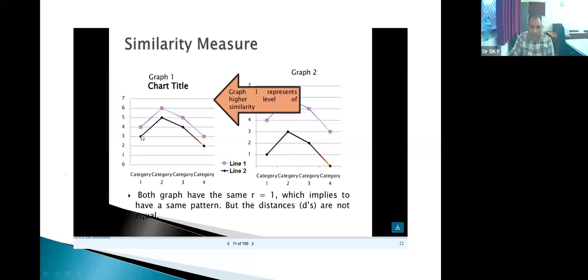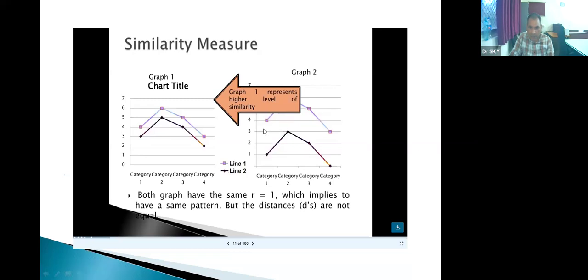But you see, to every corresponding original point, there are points in the curve, and the distance between the points corresponding to every point is lesser in graph 1 in comparison to graph 2. So this is highly distant.